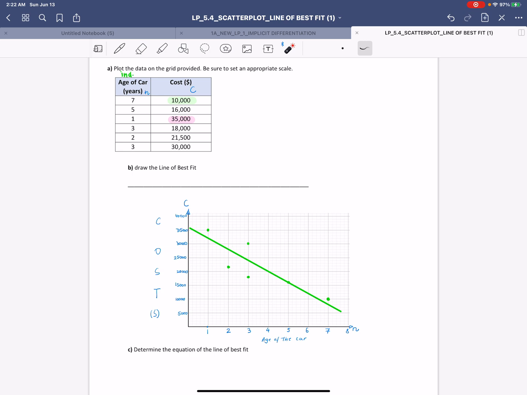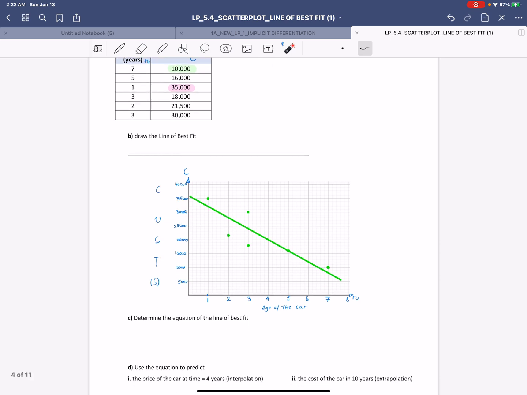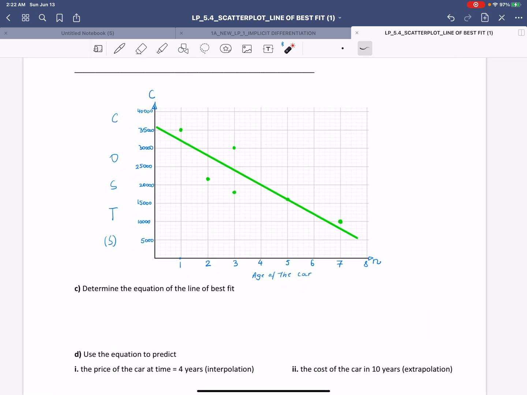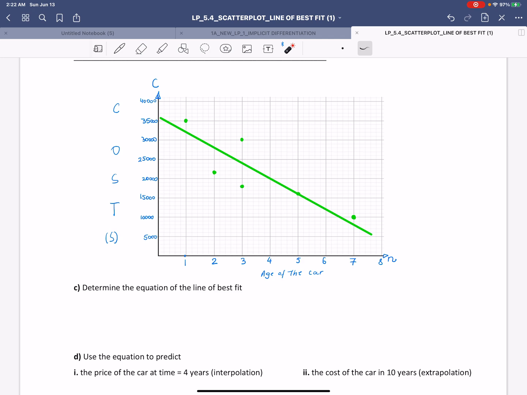And again, there is nothing carved in stone with this, so we have to be logically right, but not precisely right. And that's what scatter plots are about, okay? Predictability more than accuracy.